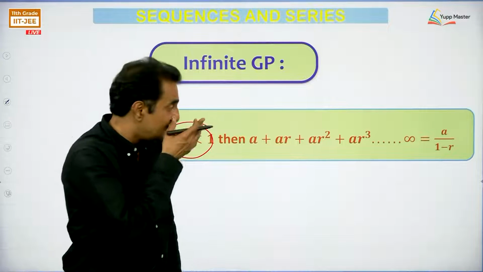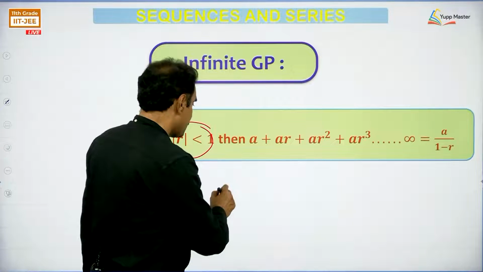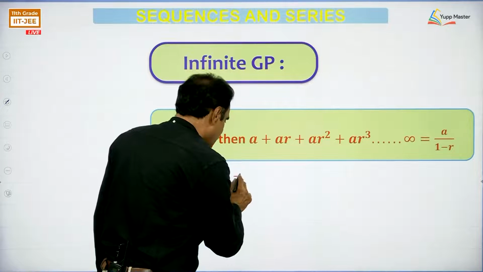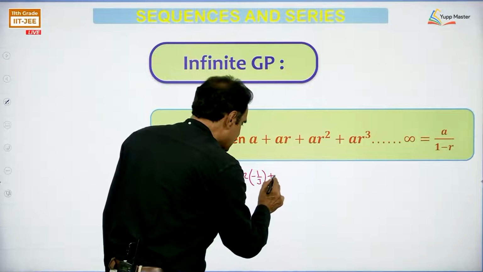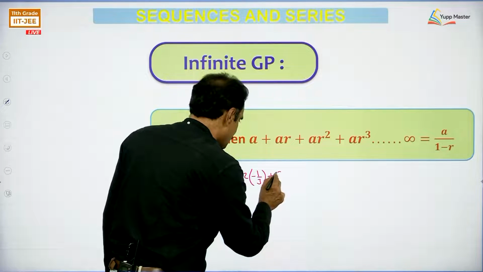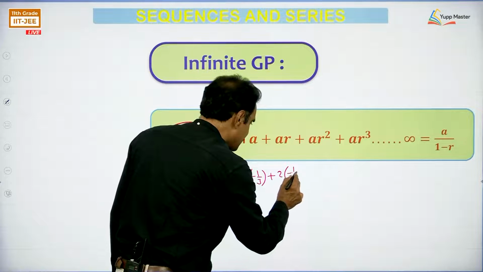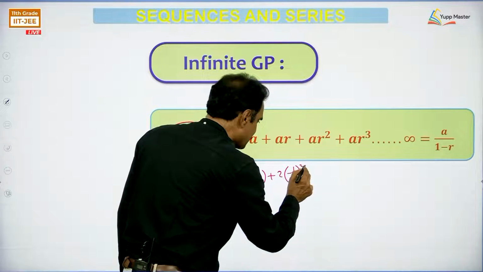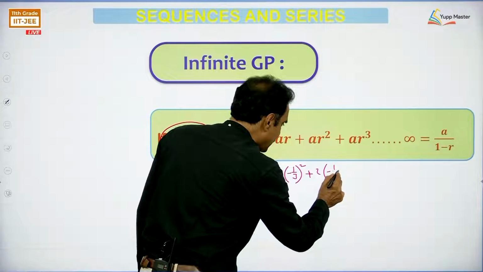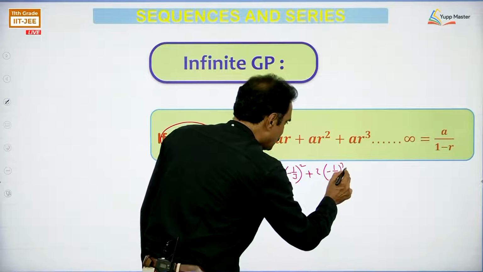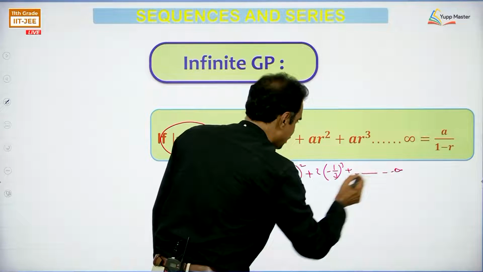Alright. For example, 2 plus 2 into minus 1 by 3 plus 2 into minus 1 by 3 whole square plus 2 into minus 1 by 3 whole cube and so on till infinity.